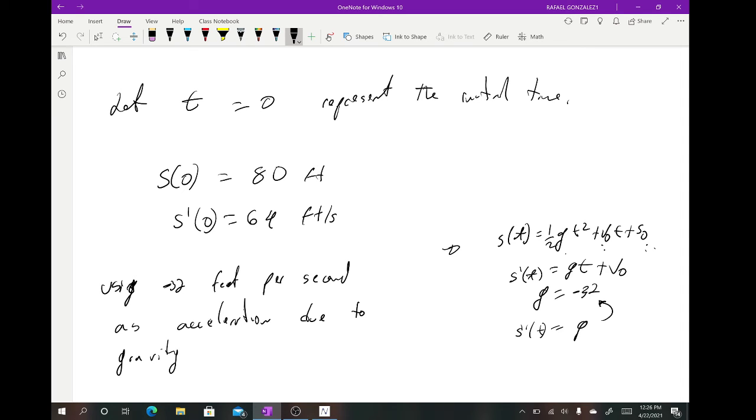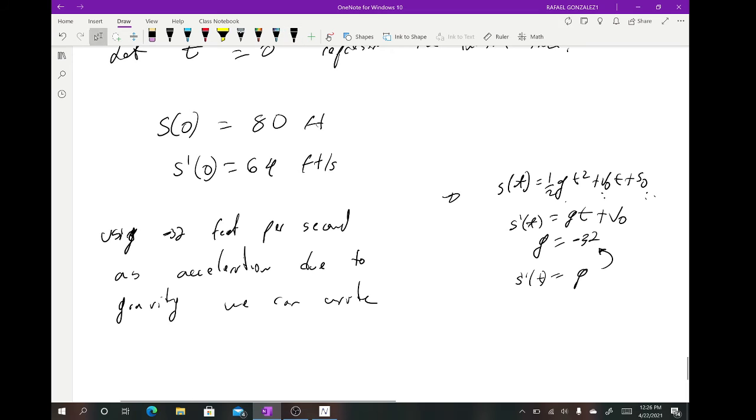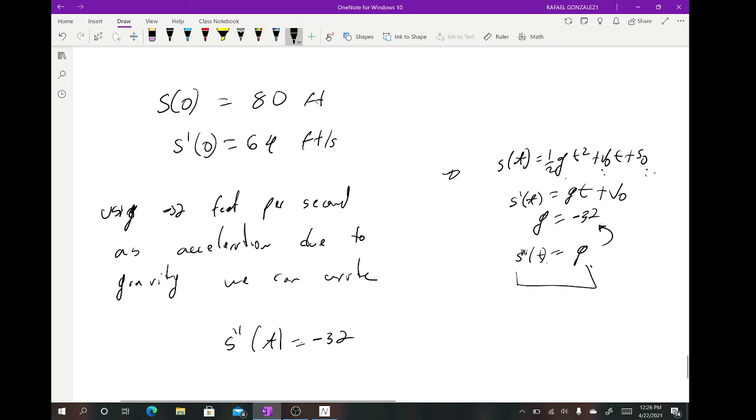Using negative 32 feet per second squared as the acceleration due to gravity, we can write s double prime of t is equal to negative 32. That's what I have here. S double prime of t is equal to g, but g was equal to negative 32. So I'm beginning with the second derivative.